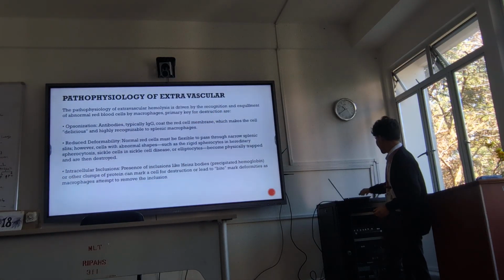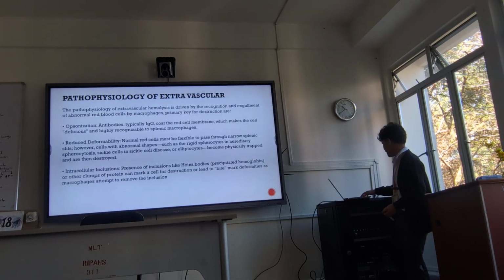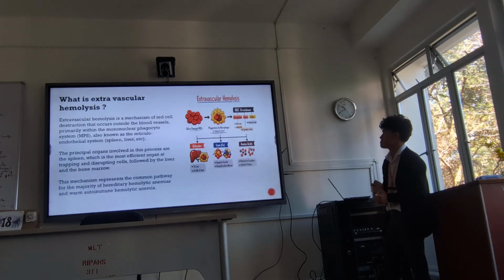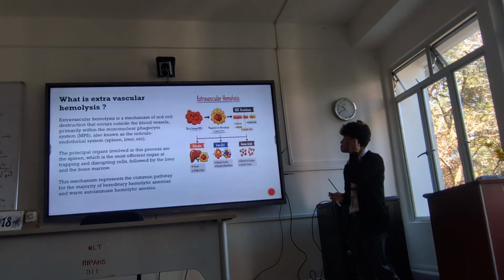See here they are showing recycling of molecules also. Once released, amino acids are returned to circulation for protein usage. Iron binds with ferritin and is recycled in the bone marrow. Only bilirubin, that is unconjugated, will be converted to conjugated and excreted.